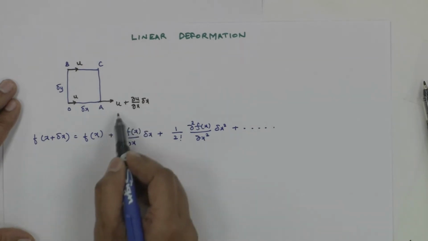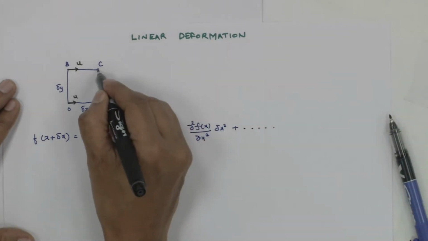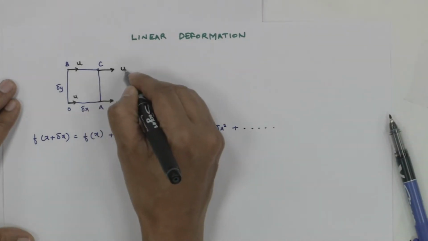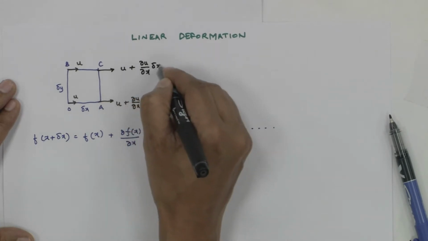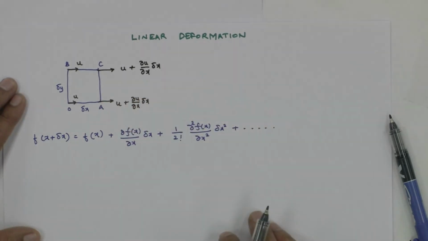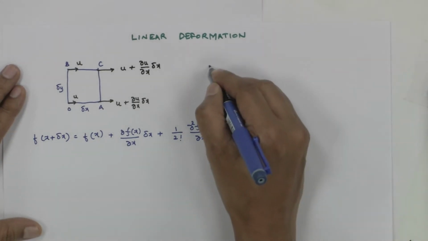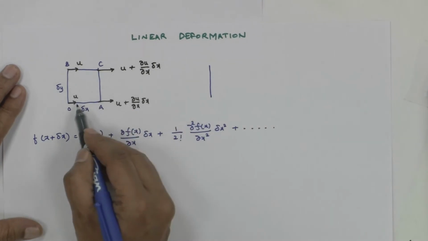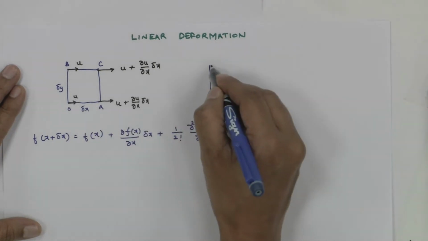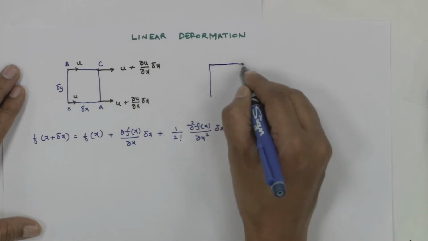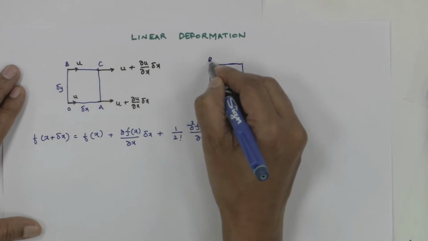I have taken only u plus del u by del x delta x. Similarly, here the velocity would be u plus del u by del x into delta x. So what will happen because of this velocity gradient? There is a gradient: here it is u and here it is higher by del u by del x. So what will happen to my fluid particle O, A, B, C?